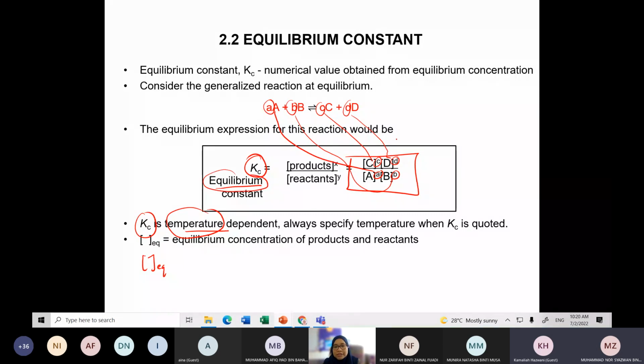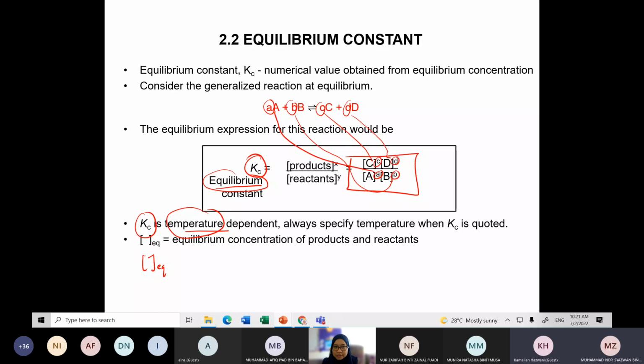So when you want to insert the concentration into this formula, product over reactant, you have to read the question carefully and make sure that it's mentioned that the concentrations of C, D, A, and B were taken at equilibrium.